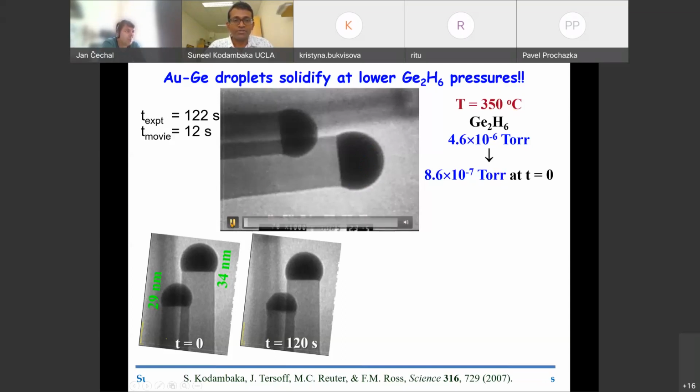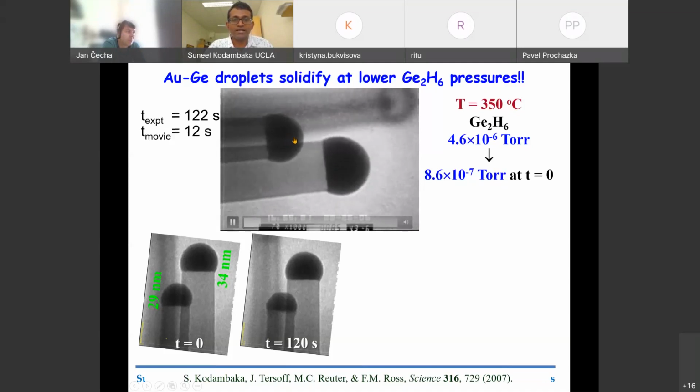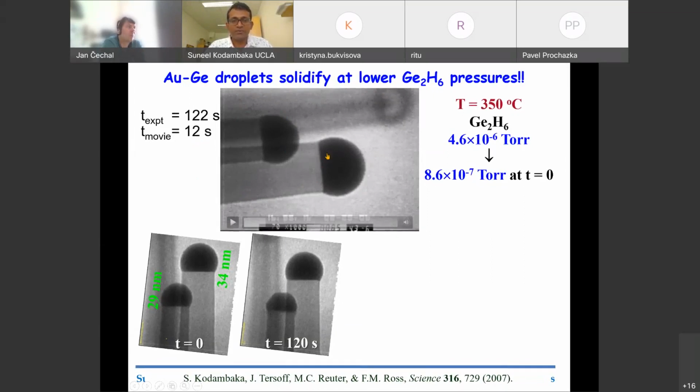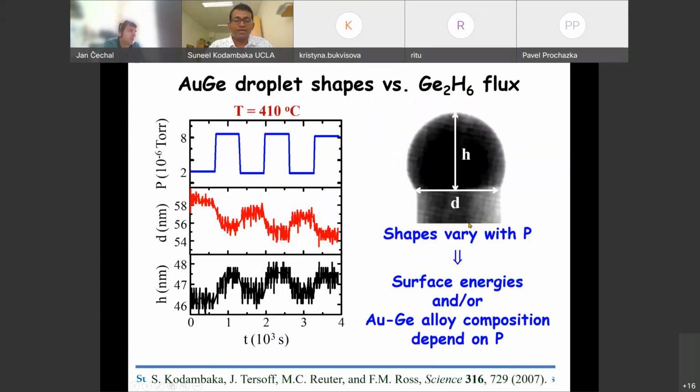But after a certain time, you see that this particular nanowire has become a solid. So on the same substrate and nearby nanowires, one of them, the catalyst state changes just by changing the germanium flux. Okay.